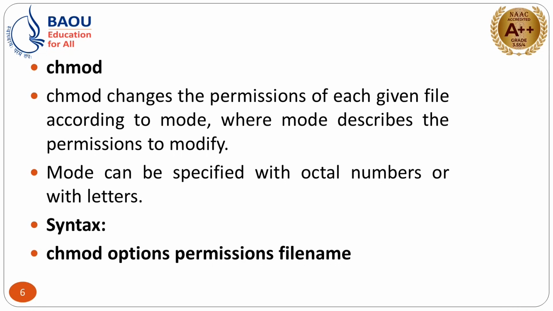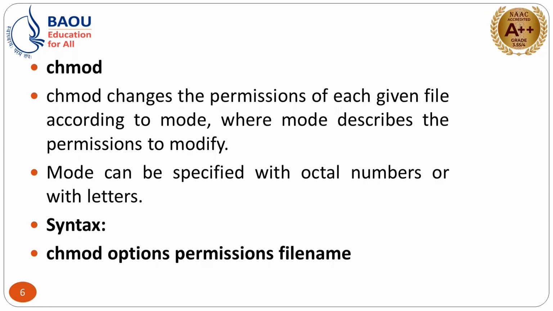Second one is the group, that means a particular file or folder has multiple users and all those users are in one group. So that is the second type of user, called group. And third one is the other, that means other than the creator or owner and the group, all other users are under the category of other, right?